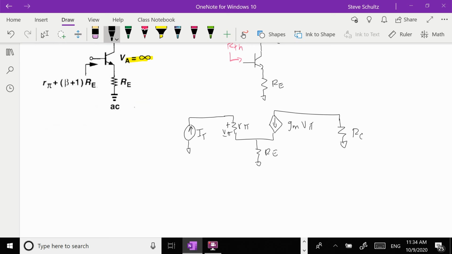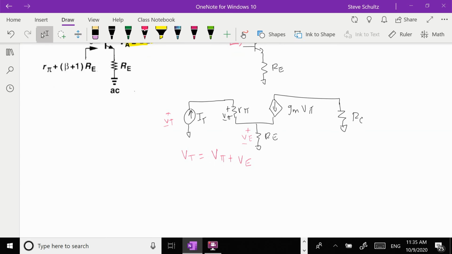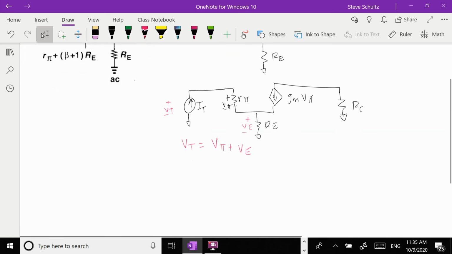And what we're trying to do is solve for the VT across there. So we're going to call this across here VE, and so VT is going to be equal to V pi plus VE. So then we just have to find V pi in terms of IT and VE in terms of IT.